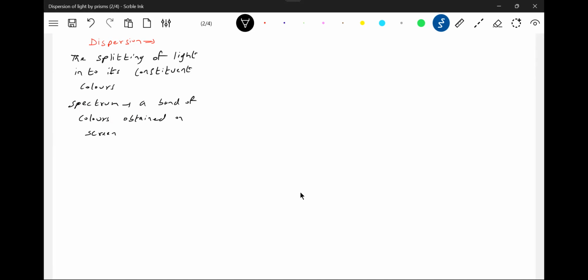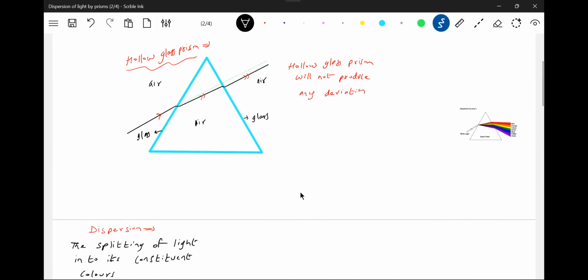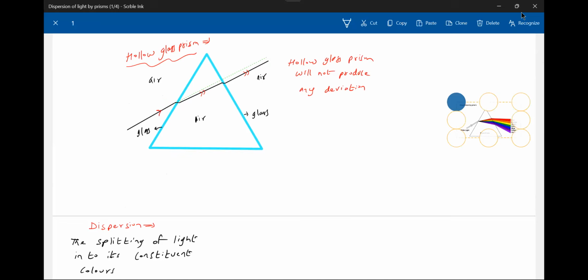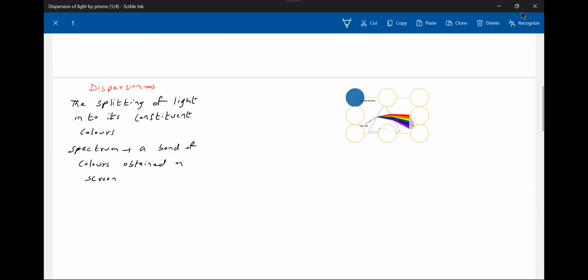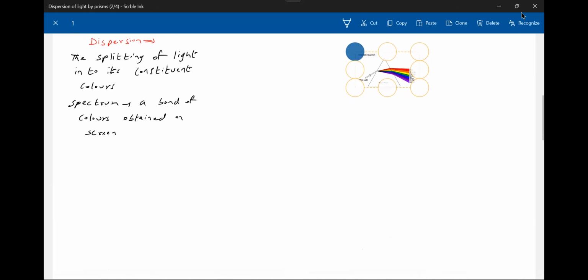When white light passes through a prism, it will undergo dispersion. So let me bring this image here.